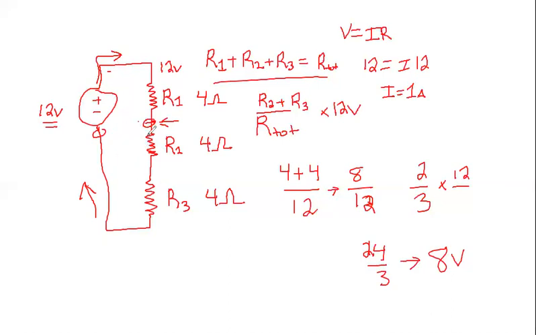Again, showing you that Ohm's law is still maintained here. V equals IR. Our resistance total from this point to ground is 8. So we know our R is 8, and we know our I right now is equal to 1. So 8 times 1, really ugly, equals 8 volts.